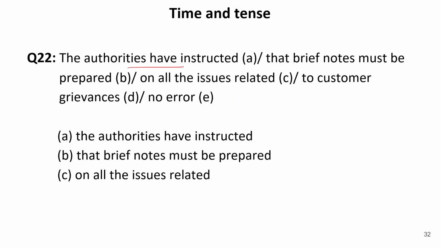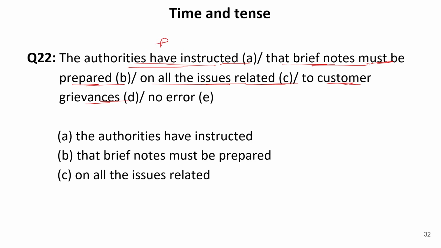The authorities have instructed that brief notes must be prepared on all the issues related to customer grievances. Now, in this structure, we can see that the first part is in present perfect tense.